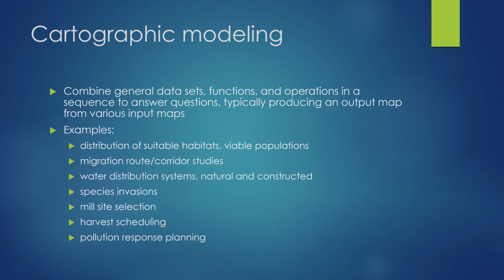So if that was a buffer, you're buffering points, you're asking where are the areas that are within a certain distance of this area. You run a buffer and you get an answer. These are the areas that are within a certain distance of that buffer.